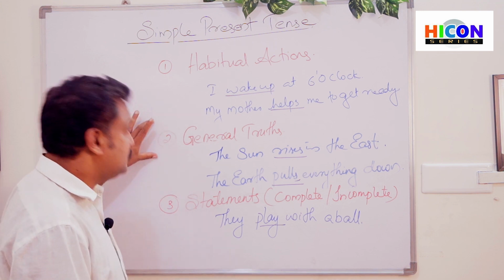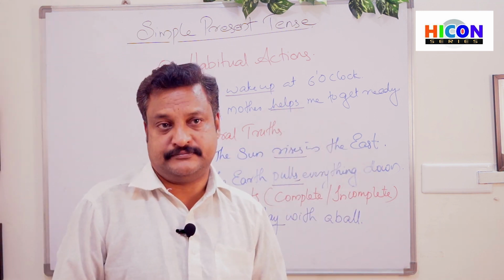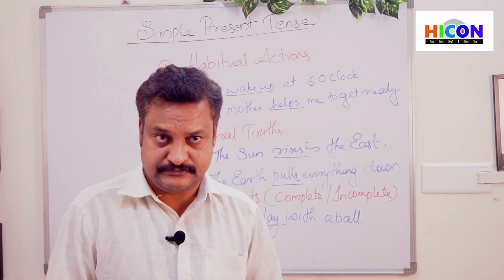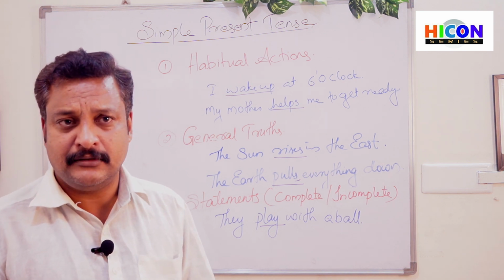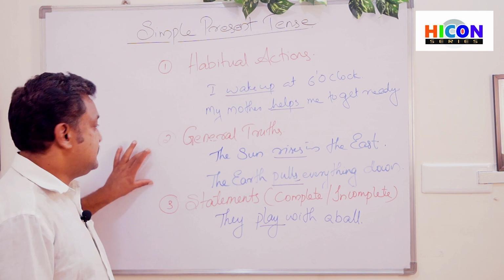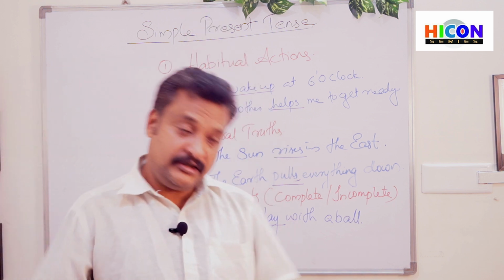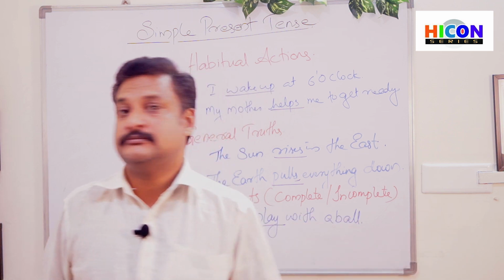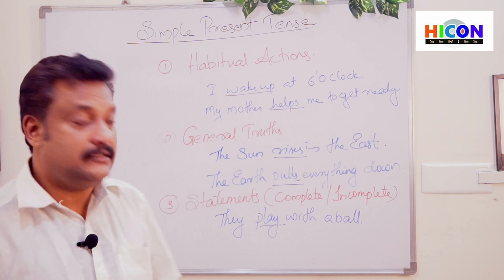Then general truths are there, which are true everywhere. We can say honey is sweet, or milk's color is white. Such kind of sentences. Milk is white everywhere. So the sun rises in the east, or the earth pulls everything to its center, water flows down the slope, or the planets go around the sun.